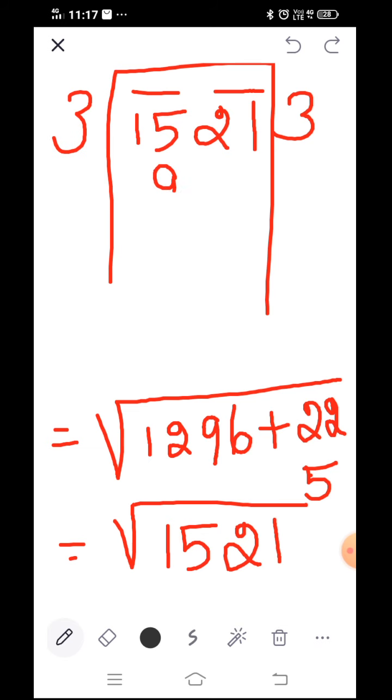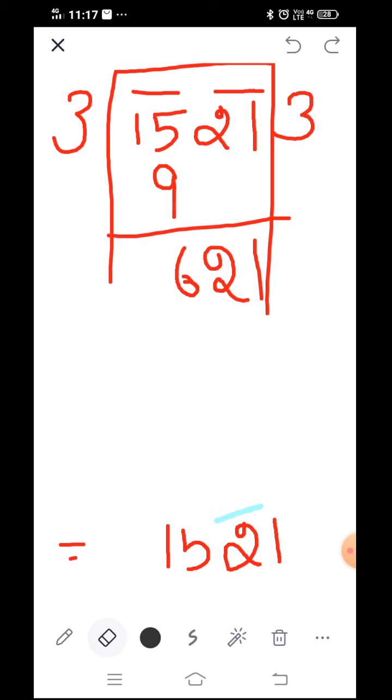If you take 4 4s, it will exceed; 4 4s are 16. What's the remainder? 15 minus 9, 6. Take the next group down. You should not take a single number; you have to take the second group. Now 621.